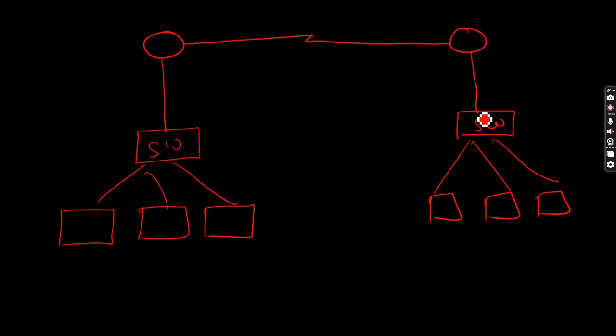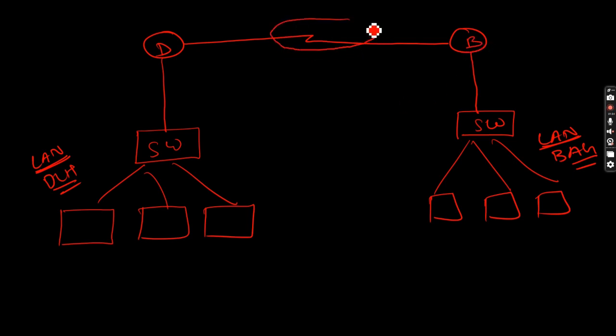Consider this is one LAN segment, and this LAN is present in Delhi, and this is another LAN segment which is present in Bangalore. So this is my Delhi router, this is my Bangalore router. In between, the service provider comes into the picture.